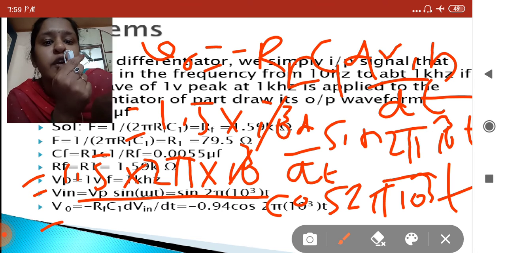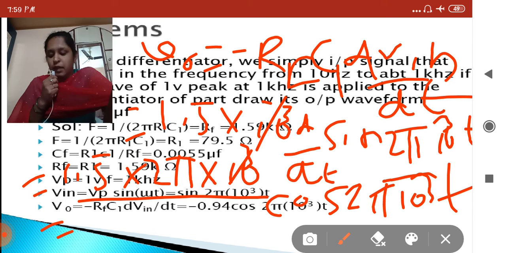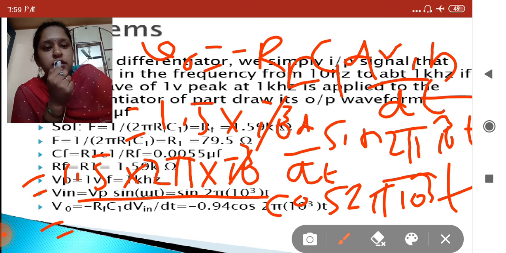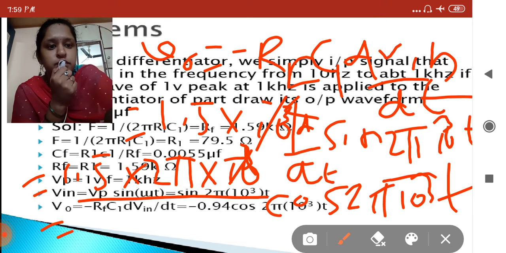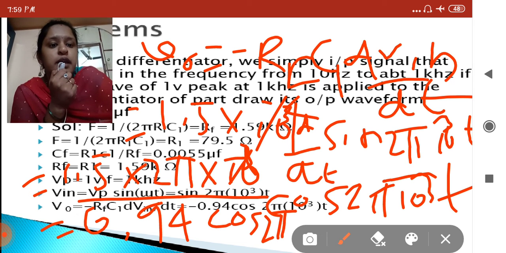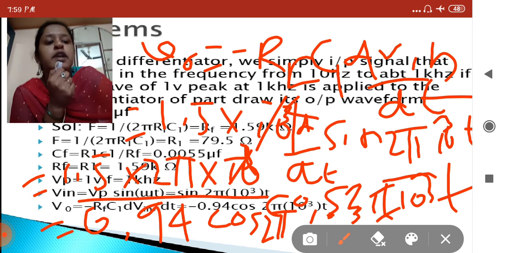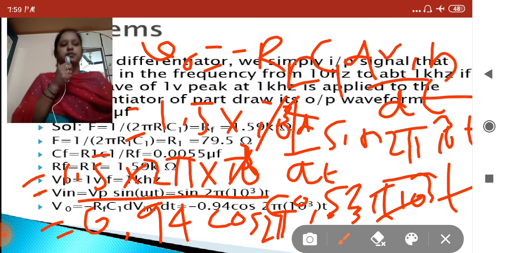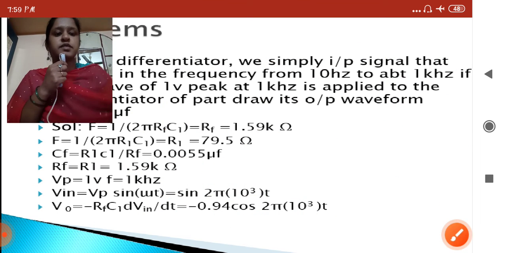This 1.5 into 2 pi, with the minus sign, minus 4, minus 1, gives 0.94 cos 2 pi 10 raised to plus 3 into t. This is the answer.